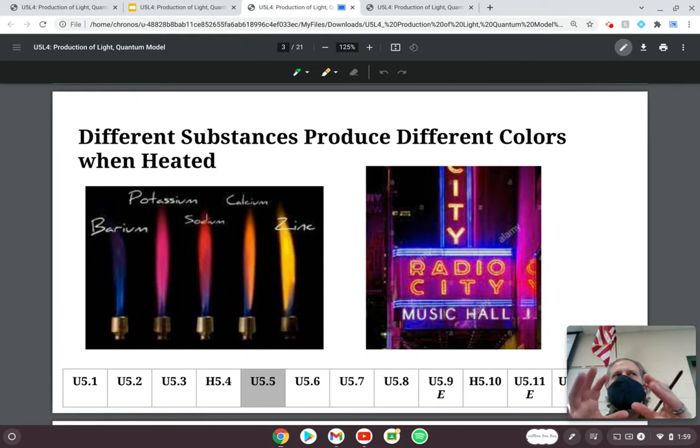When you see the firework that produces red, it might be using some form of sodium metal as part of its contents. If it is a firework that produces bright white, it might be magnesium that is used as part of its contents. So as we heat things up and they tend to glow, they will give off very specific colors of light.